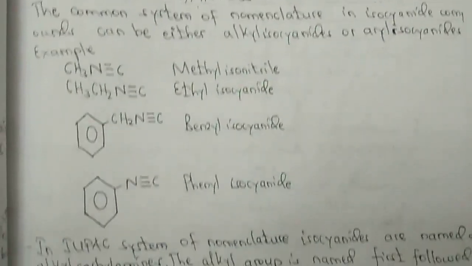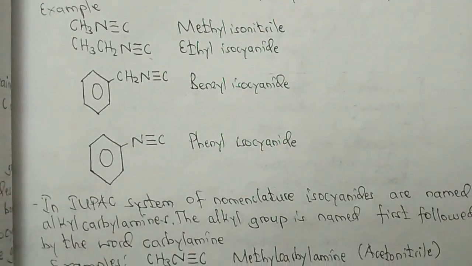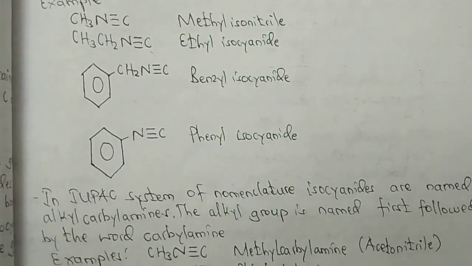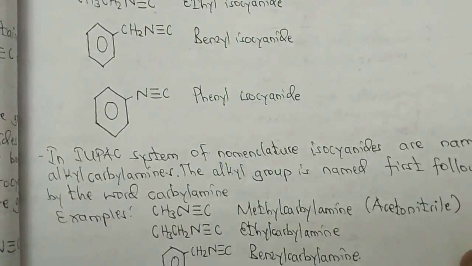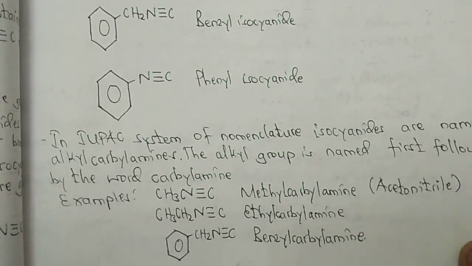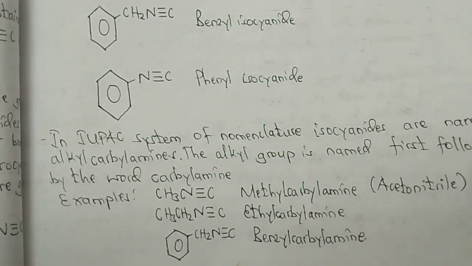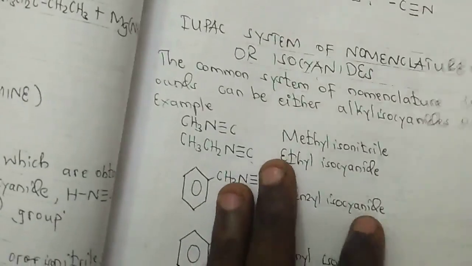Naona in IUPAC system of nomenclature isocyanide are named alkyl carbamylamine. The alkyl group is named first followed by the word carbamylamine. So methyl carbamylamine or acetonitrile, unaona ethyl carbamylamine or haina jina alternative benzyl carbamylamine, unaona vitu vinakuwa vinaenda kama hivyo.